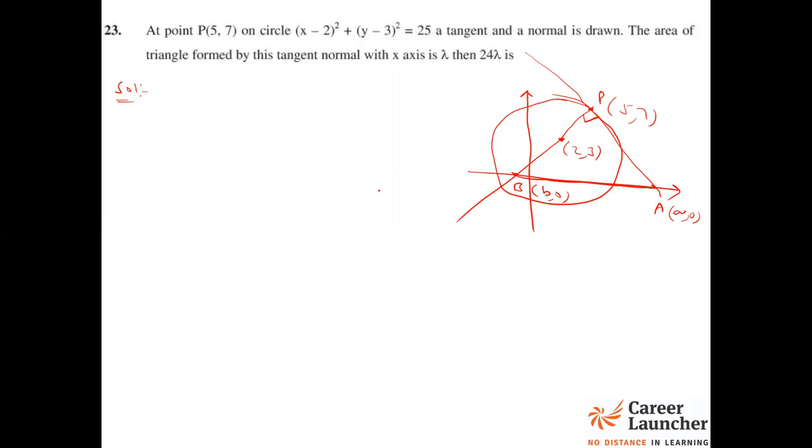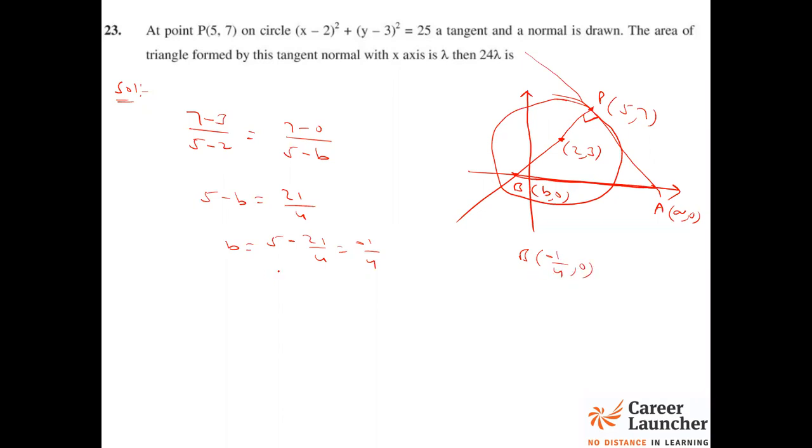Applying the condition for collinearity, the slopes should be the same. So we get (7 minus 3) upon (5 minus 2) equal to (7 minus 0) upon (5 minus b). From this we get 5 minus b is equal to 21 by 4. So b is equal to 5 minus 21 by 4, which becomes minus 1 by 4. So the point B will be (minus 1 by 4, 0), right?